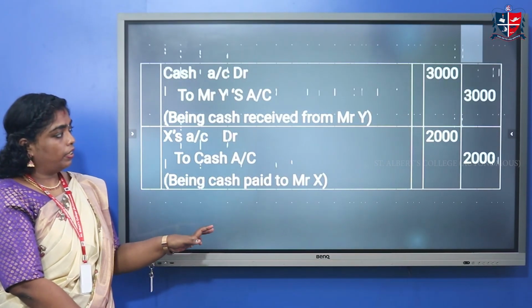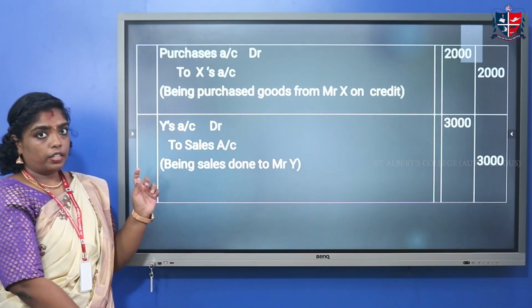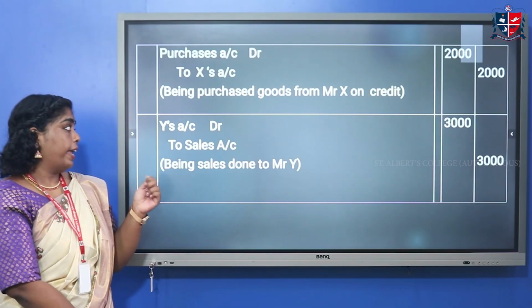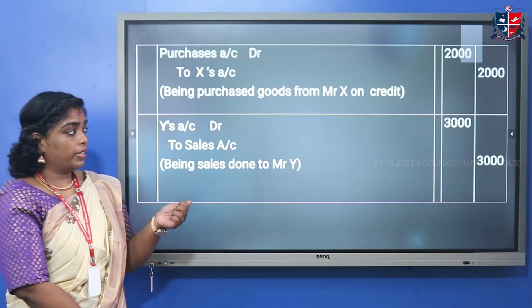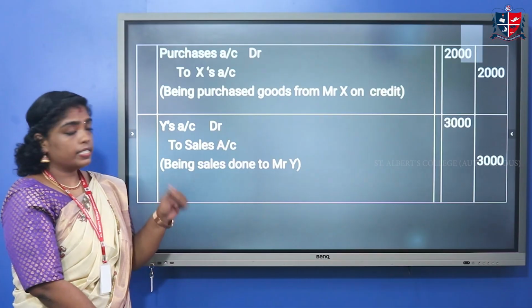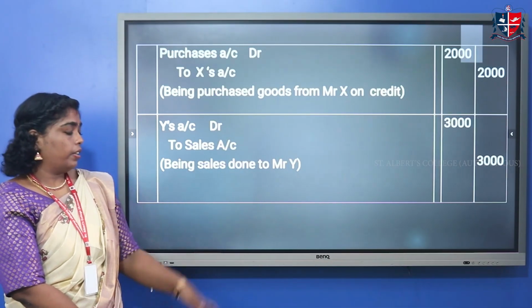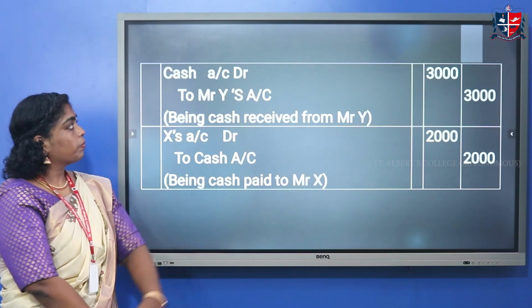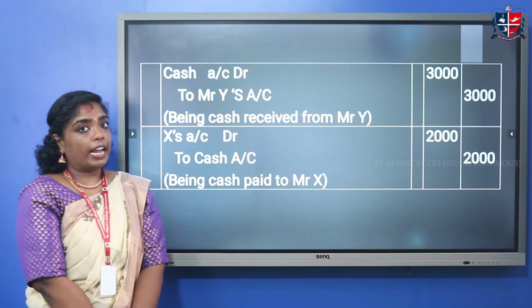That means write rupees 3,000 as debit against Mr. Y and as credit against sales account. Narration, being sales made to Mr. Y on credit.